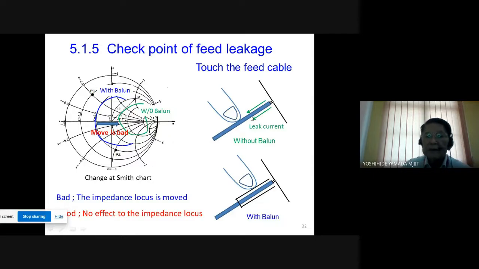If there is a leakage current, the measured data is moved by attaching our hand.